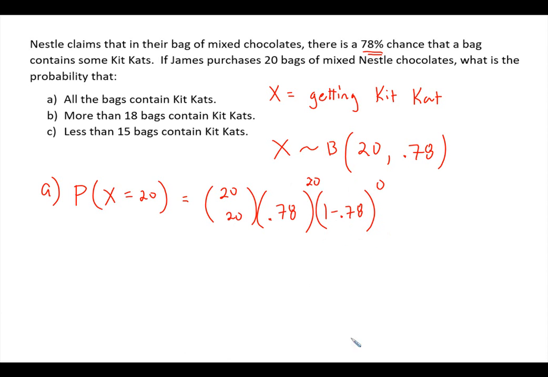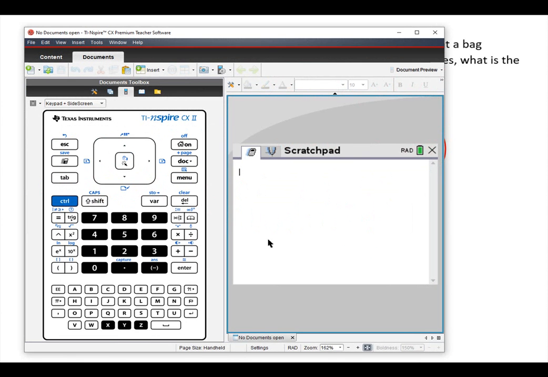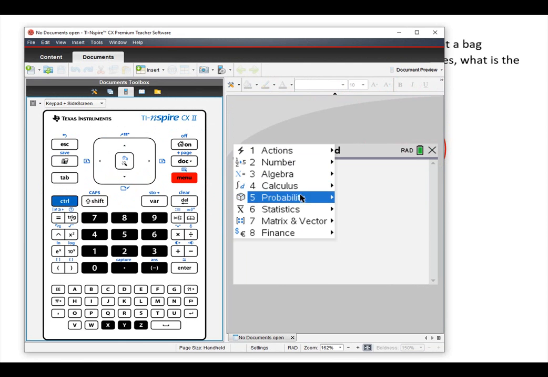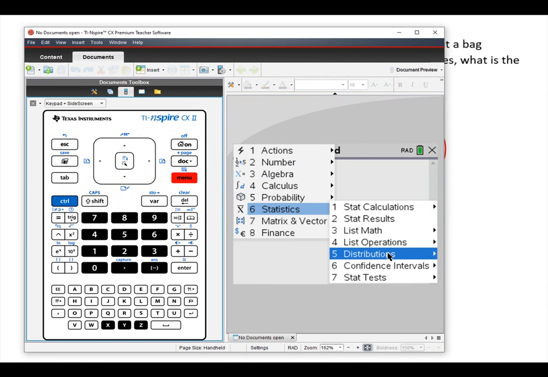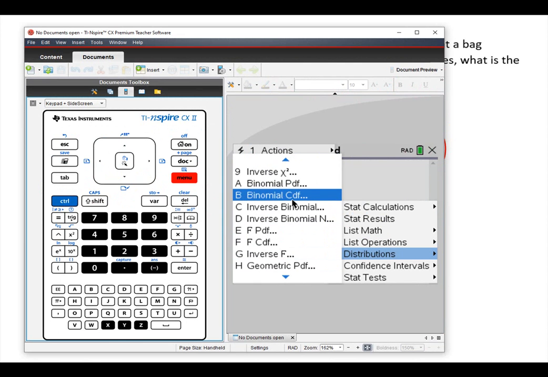When we use the calculator to calculate this, all you have to do is go to menu, statistics, distribution, and choose binomial. We're going to use a PDF because it's x equals.